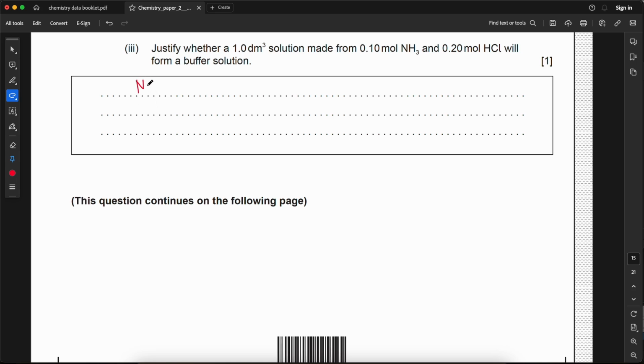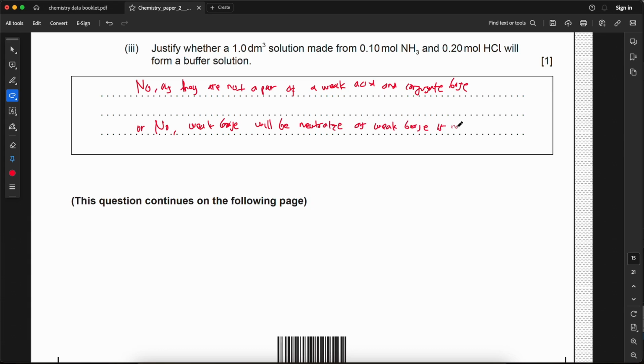So this one is no, as they are not a pair of a weak acid and conjugate base, or rather a weak base, and the weak base will be neutralized as the weak base is not in excess.